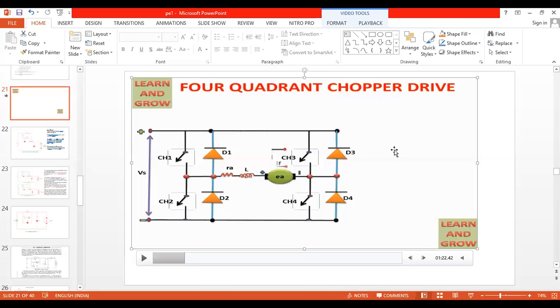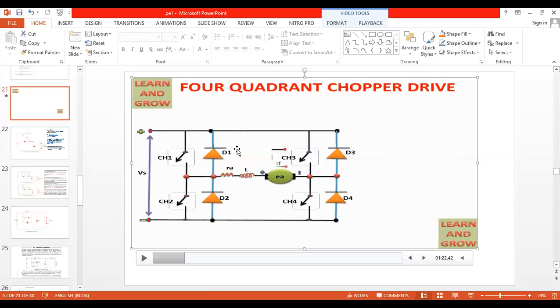So choppers can make one particular machine operate in 4 quadrants. The word quadrants is used to explain the behavior of the motor. That's why we explain the behavior of the motor by taking 4 quadrants.